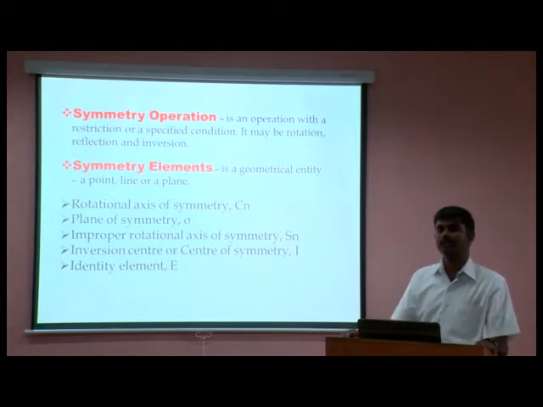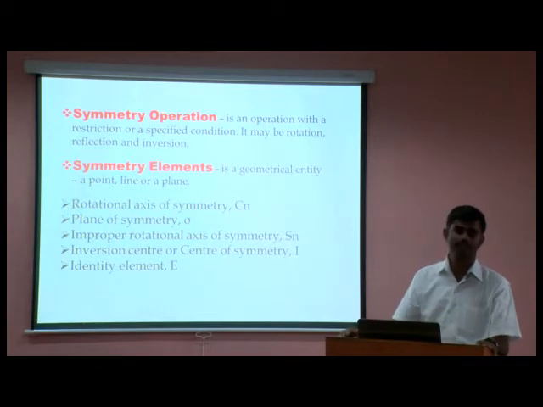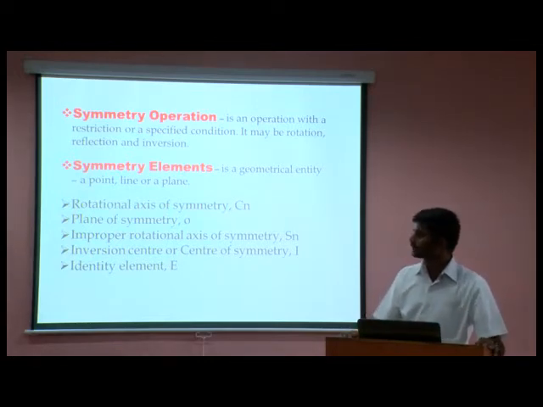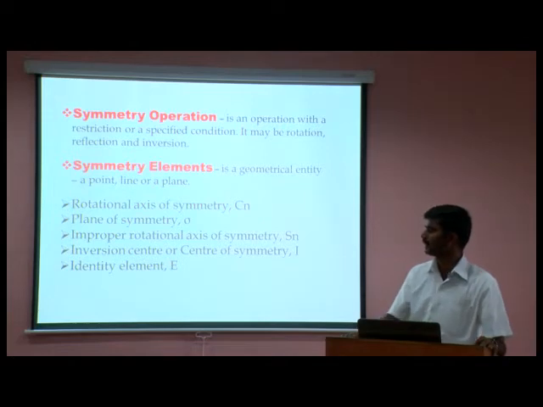In the improper rotational axis of symmetry, the rotational axis and the plane of symmetry on combination give us the improper rotational axis of symmetry. That is, in the rotational axis of symmetry, a rotation operation is performed, whereas in the plane of symmetry, a reflection operation is performed. Therefore, rotation followed by reflection is said to be the improper rotational axis of symmetry.